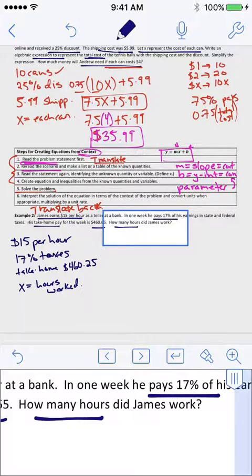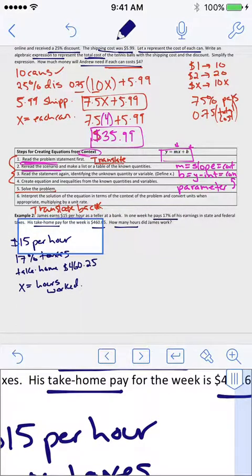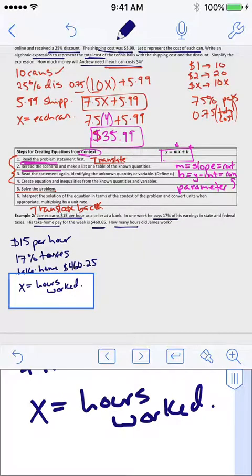Since I know how much he worked and how many dollars, since it says per hour, very similar to what we were doing in 1.1.1 and the end of chapter 3 last time, I'm going to make x the hours he actually worked, so that when we solve this, we're going to solve for x equals something.